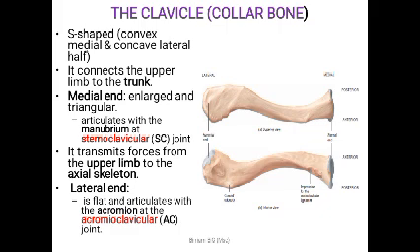The medial end is enlarged and triangular and articulates with the manubrium at the sternoclavicular or SC joint. It transmits forces from the upper limb to the axial skeleton. The lateral end is flat and articulates with the acromion at the acromioclavicular or AC joint.